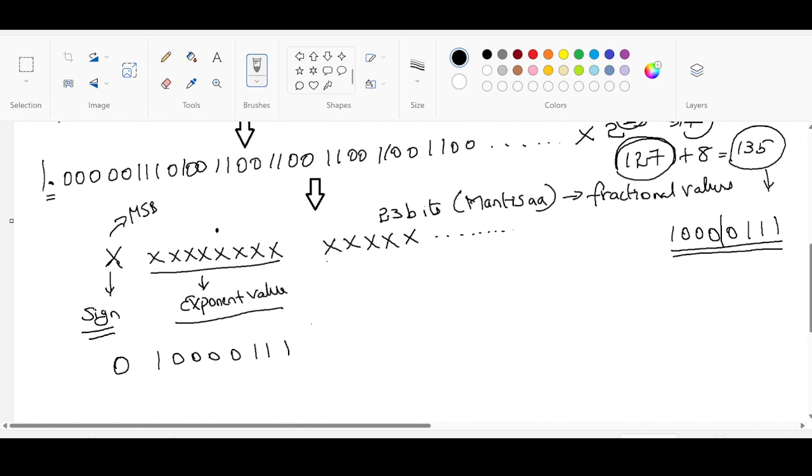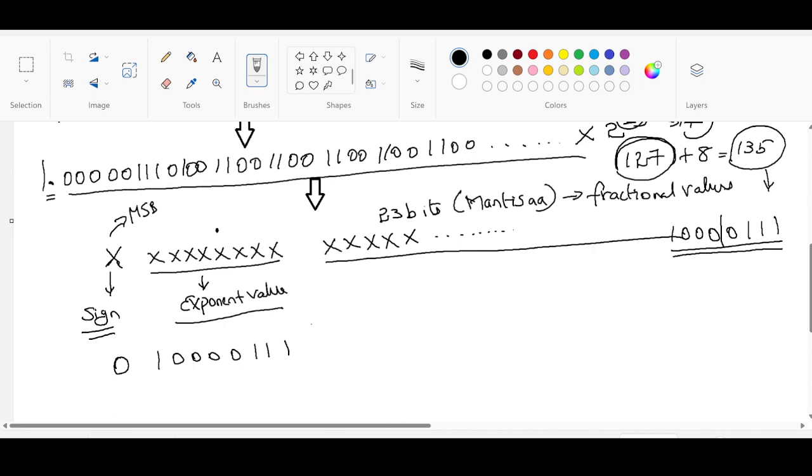The next one is the mantissa, the fractional part. So you add all of this in the mantissa.